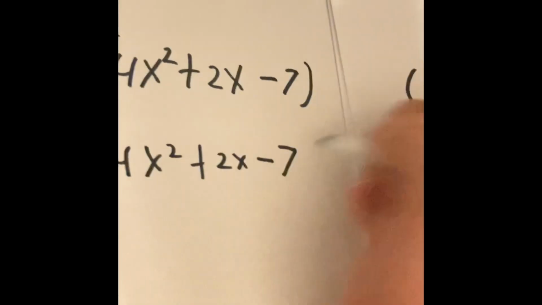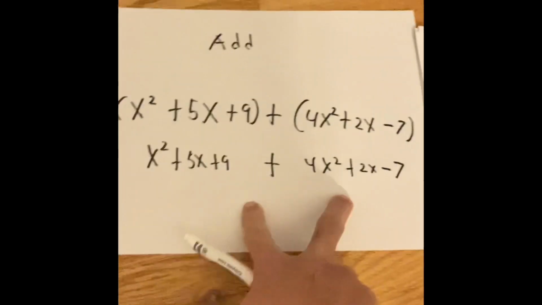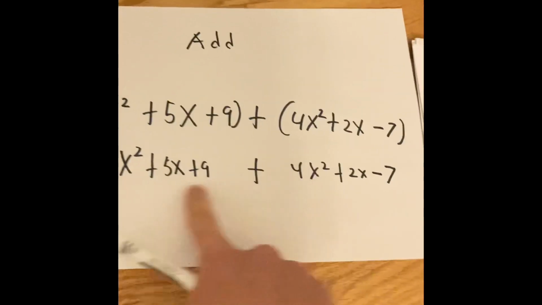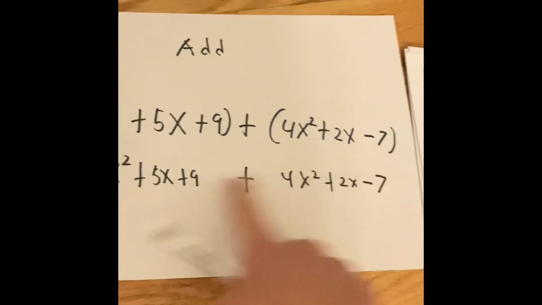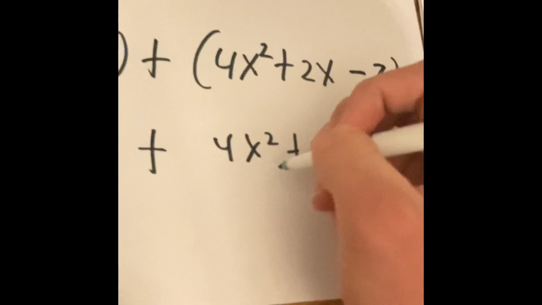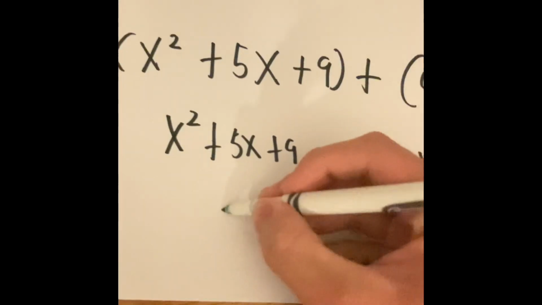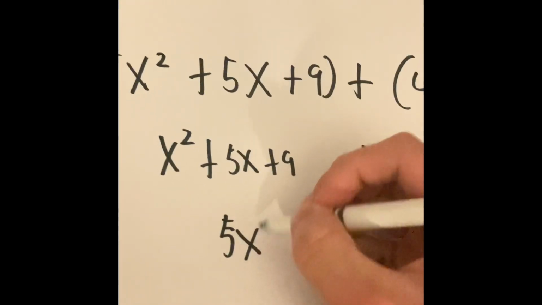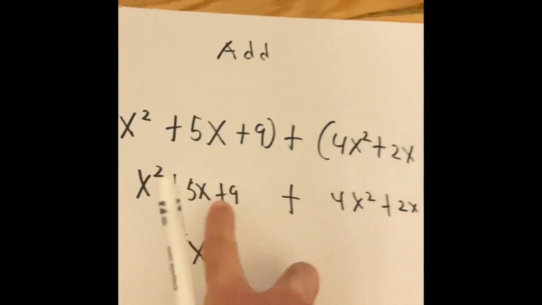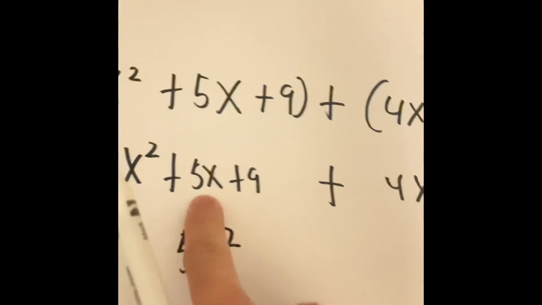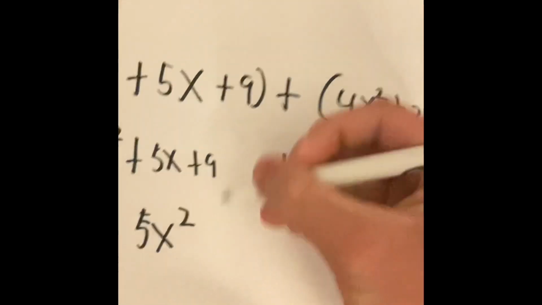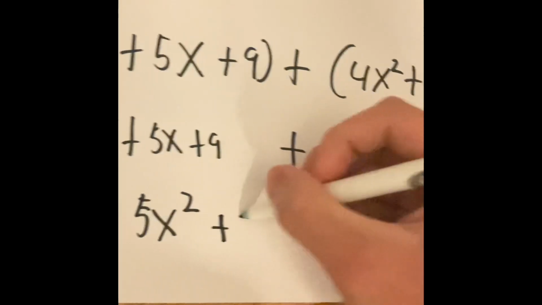subtract 7. So what we're going to do is combine like terms. These two will go together, these two will go together, and these two will go together. So x squared plus 4x squared becomes 5x squared. Next, we have 5x and 2x, and we add them, so that will bring us to 7x.